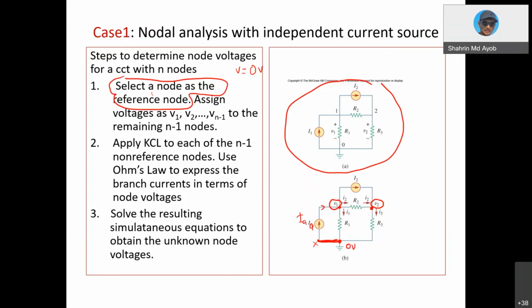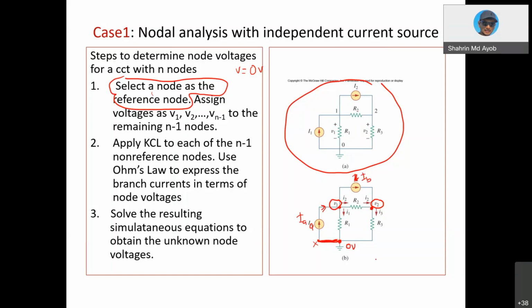So IA. The direction of the current source is like this, and the other branch currents are not defined. As you can see in the original circuit here, you are not given the current direction, so you need to assume the current direction. So I think this one just IB, because we are confused with I2 here. You have a current source IA, so let it be just like this direction.